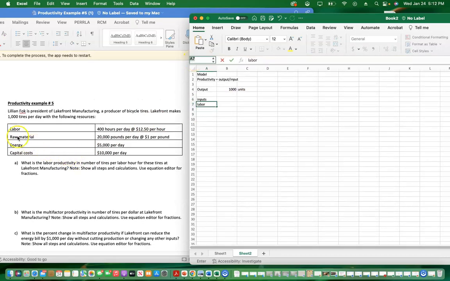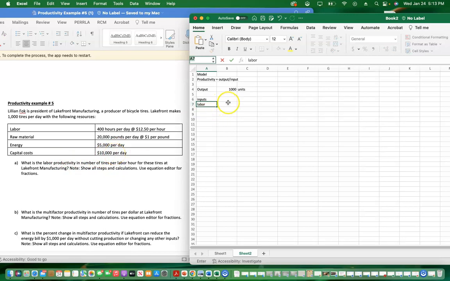In this case, you can see that we have labor in terms of hours and also how much it costs per hour for labor. And also raw materials, we have 20,000 pounds. And also we can see how much the raw materials will cost per pound. And then we have energy, 5,000, and capital cost, which will be 10,000.